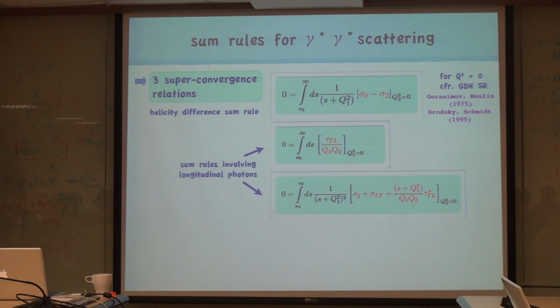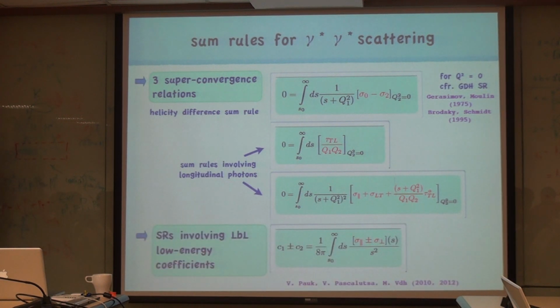And we found that you can write down 2 more of these sum rules, which involve longitudinal photons. I will not go into details, but there were 8 cross-sections, as I've shown you. They involve transverse and longitudinal photon cross-sections, and here also combinations involving longitudinal photons. So in total, you can find 3 of these superconvergence relations.